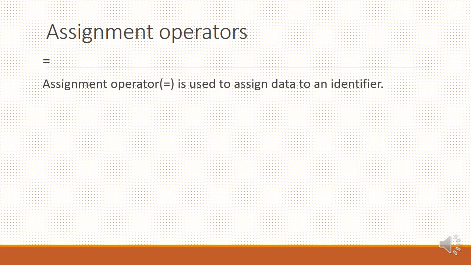It is used to assign data to an identifier. We studied identifiers, what they are and how to declare them. We assign values to the identifier using this assignment operator.